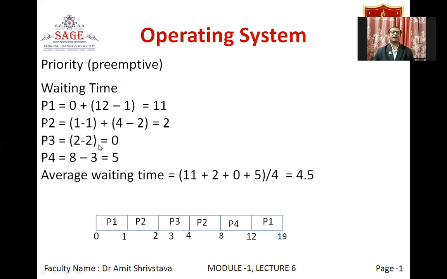So the total waiting time for P3 will be 0 only. Now P4 has arrived after 3 unit time interval, but we have allocated the CPU to P4 after 8 unit time interval. So here the waiting time will be 8 minus 3, that is 5. So average waiting time, if we calculate, then it is 4.5. So this is the preemptive version for priority scheduling algorithm.